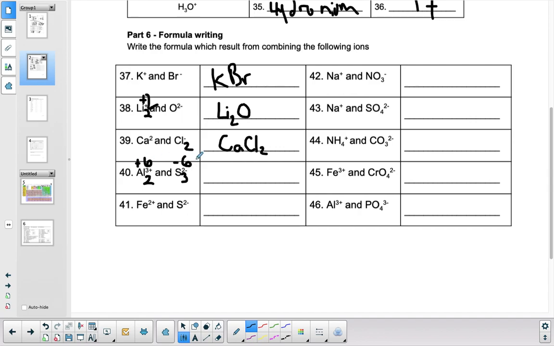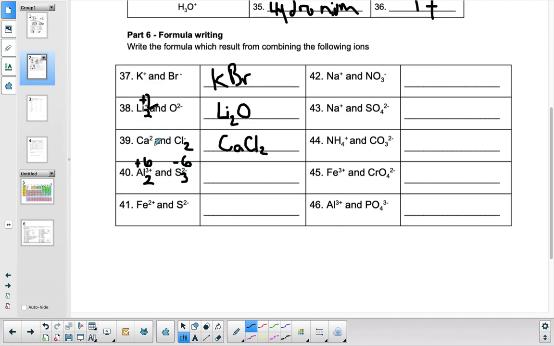So what I did here is I looked at the 3 and the 2, and I tried to figure out what their lowest common number is that they both can go into. That would be 6, so I turned it into a positive 6 and a negative 6. You can also think of it as just sort of switching. So up here we did the same thing.